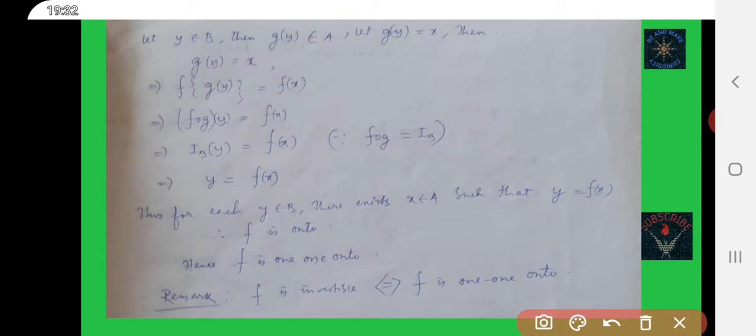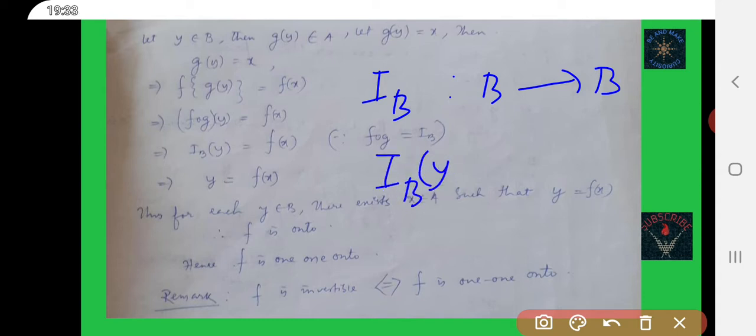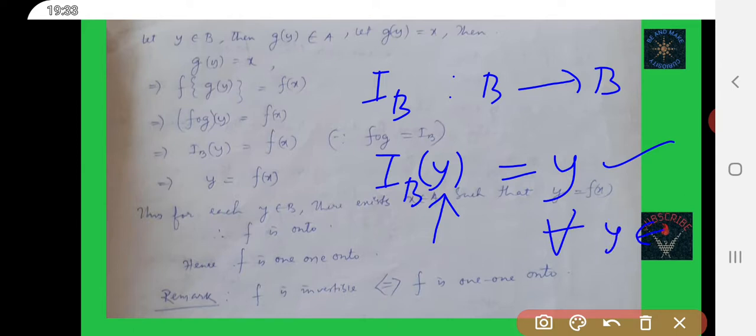And you know the identity function mapping from B to B is defined such that if we give the input y, we get y for all values of y belonging to B. So we can write y is equal to f of x.